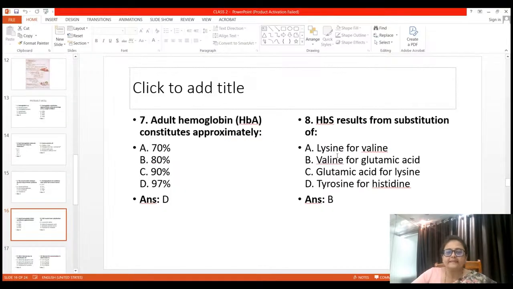Next, adult hemoglobin constitutes approximately 97% of circulating hemoglobin. HbS, that is a pathological hemoglobin. It results from substitution of valine for glutamic acid at the 6th position. It causes sickle cell anemia or sickling of RBCs when it is exposed to hypoxia.